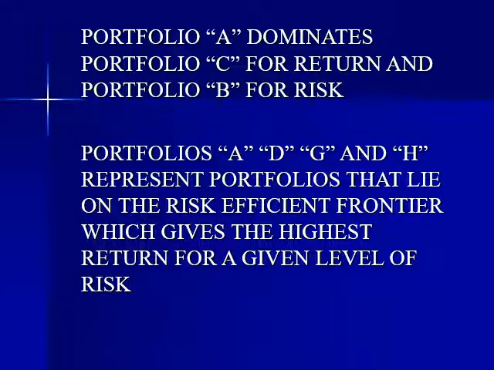If we go back to that, portfolio A dominates C and B. So if we look at portfolios A, D, G, and H, as we look across that efficient frontier, they represent portfolios that lie on the risk efficient frontier, which gives the highest return at a given level of risk.